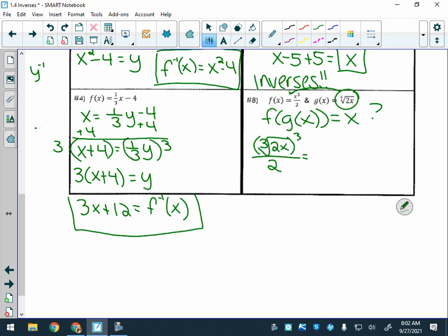What happens when you cube a cube root? Cancel, so you're left with 2x divided by 2. What's left? X. So they are inverses of one another.